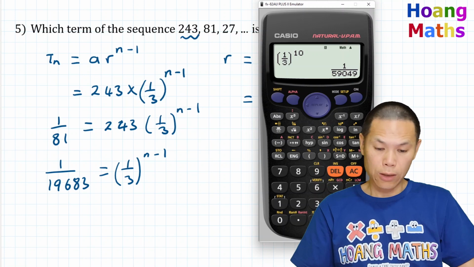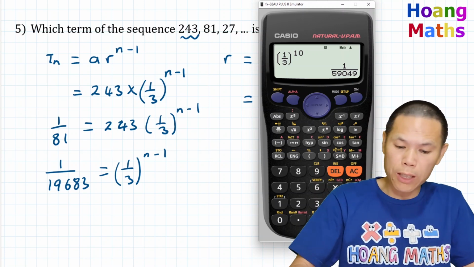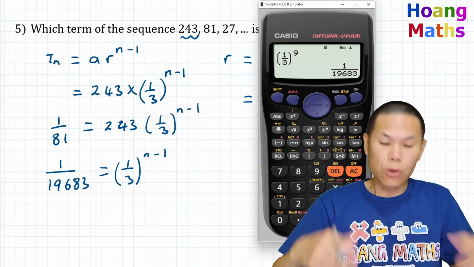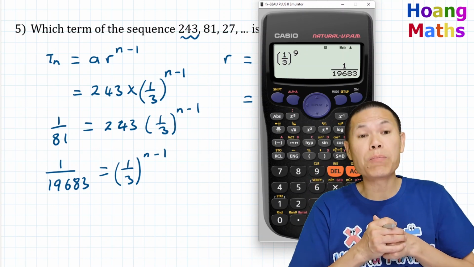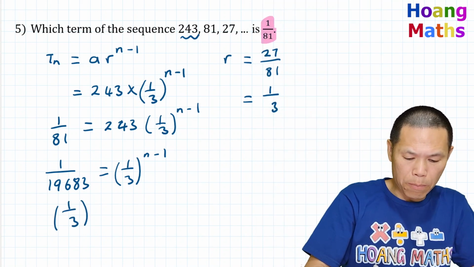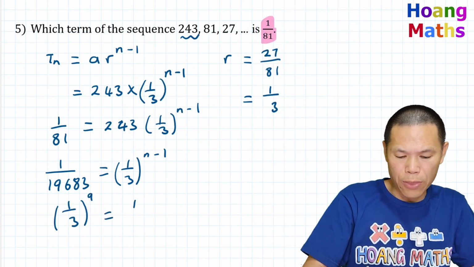That's not too good, it's too big. So we go 9. So 1 over 3 to the power of 9 is equal to 1/3 to the power of n minus 1.